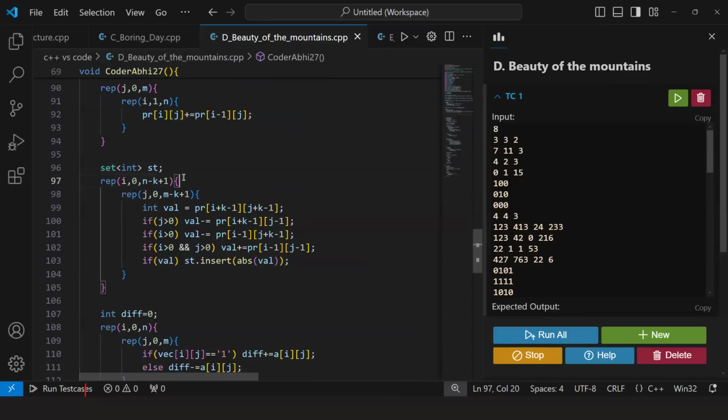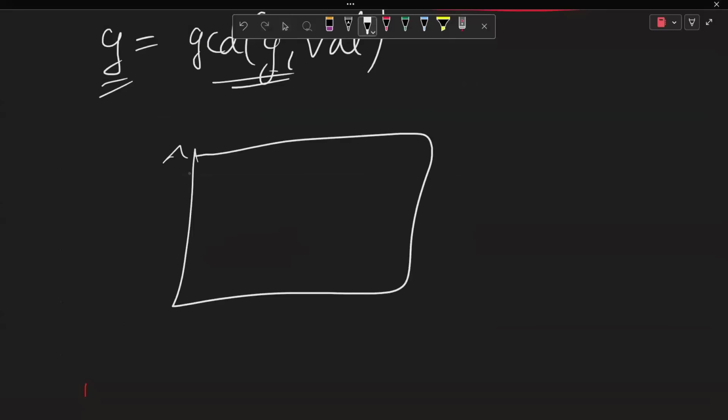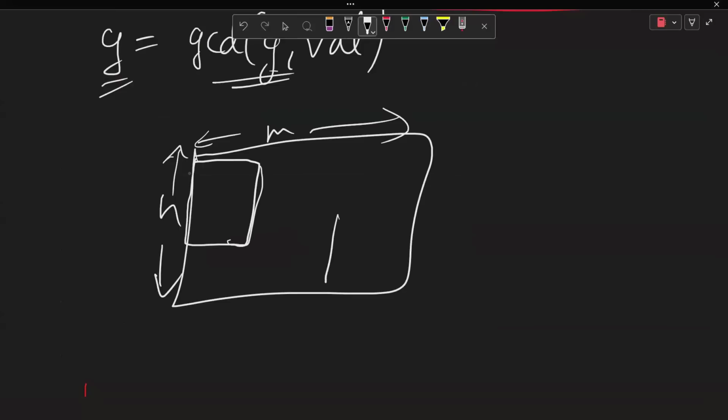Okay, so now we want to compute our value. For every i, we would move till n minus k plus 1, because if you have a matrix of n cross m and you want to form k cross k subgroups, so if k is somewhat of this size, the last one that you would compute would be somewhere here.